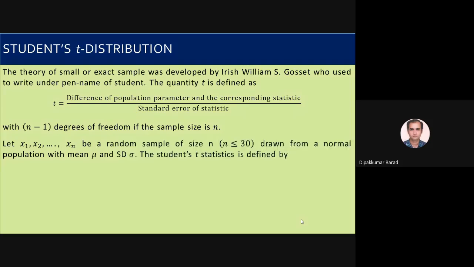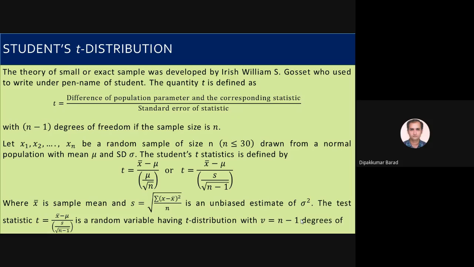Let x1, x2, ..., xn be a random sample of size n, n less than or equal to 30, drawn from a normal population with mean mu and standard deviation sigma. Then the student t statistic is defined as t is equal to x bar minus mu upon s by root n, and if s is given, then x bar minus mu upon s by under root n minus 1.